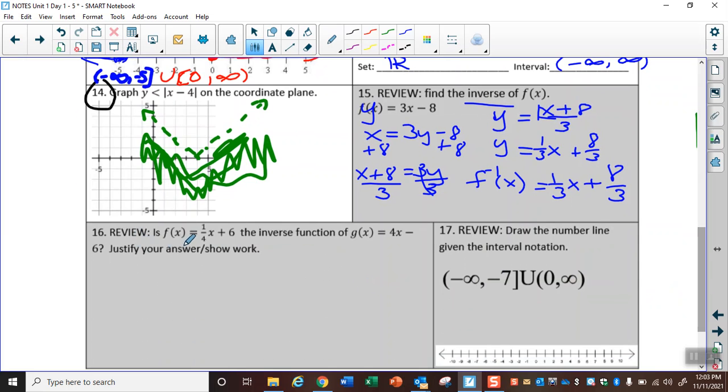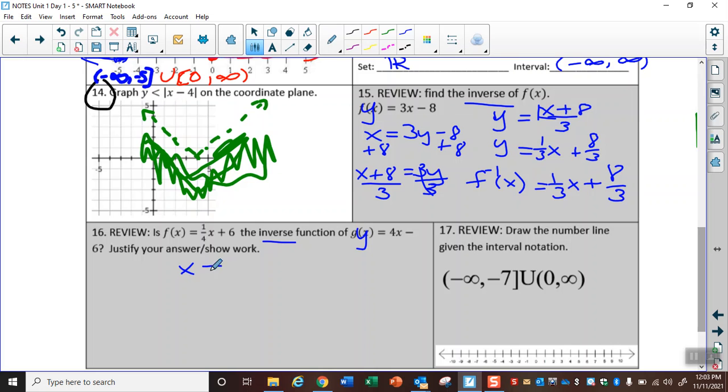All right, so now it says, is this the inverse of that? Well, let's go ahead and find the inverse of this guy. So I'm going to say this is y, and I think probably the easiest way is to find the inverse of g and see if it's equal to this.